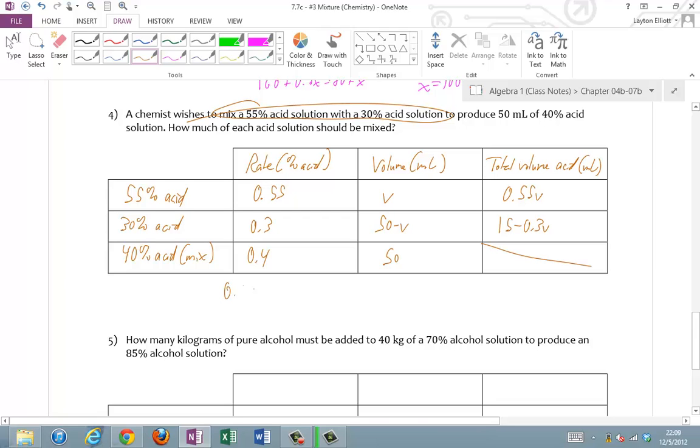I can do 0.55 V plus 15 minus 0.3 V equals 0.4 times 50 is 20.